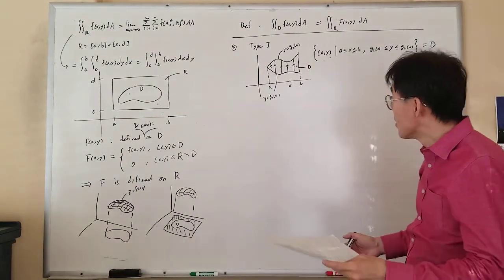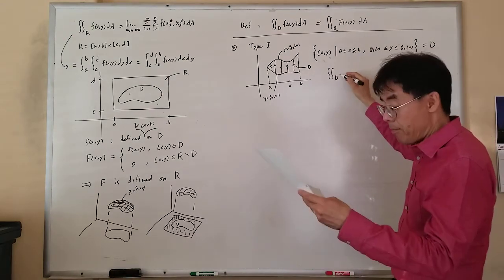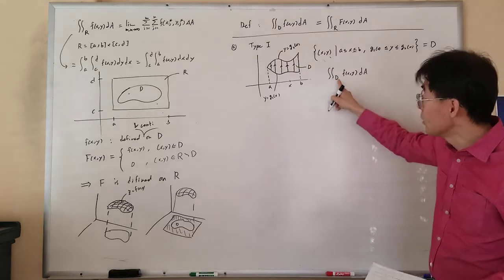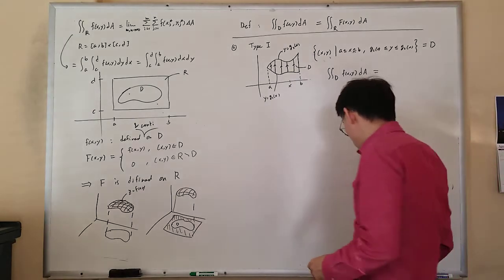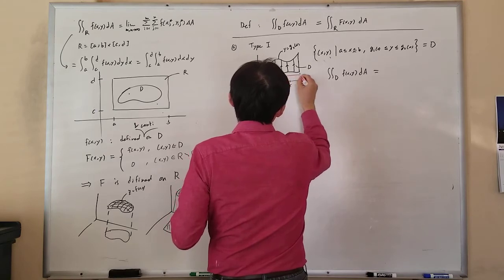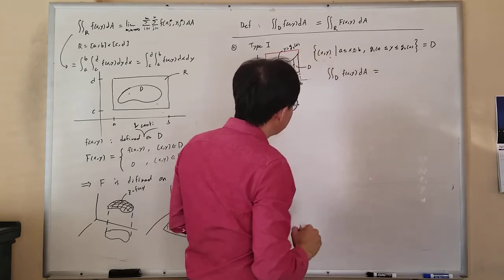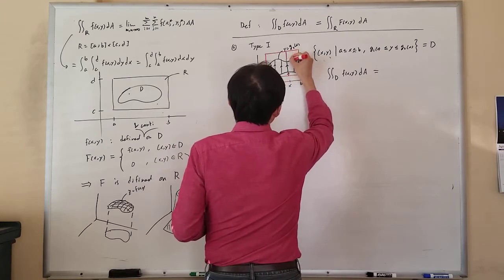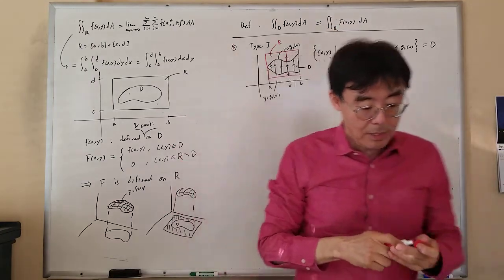In that case, we define the double integral of f over this general type 1 domain as follows. We consider any rectangle R starting from a, b, like this, which can be anything enclosing the original domain.